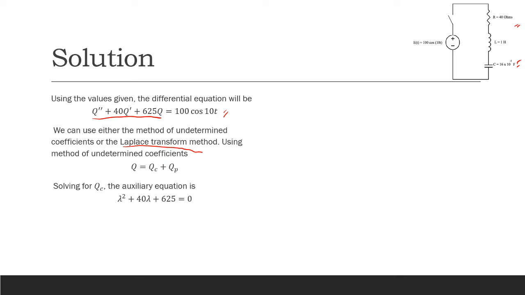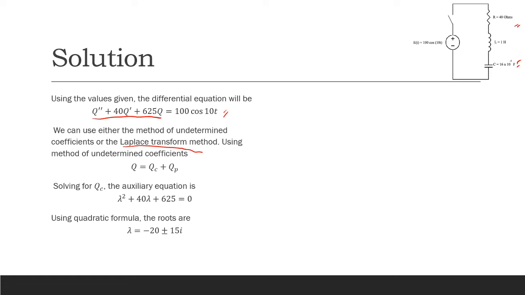We get the auxiliary equation that is lambda squared plus 40 lambda plus 625 is equal to 0. So using quadratic formula, we can get the roots, and that is lambda is equal to negative 20 plus or minus 15i. So they are imaginary.